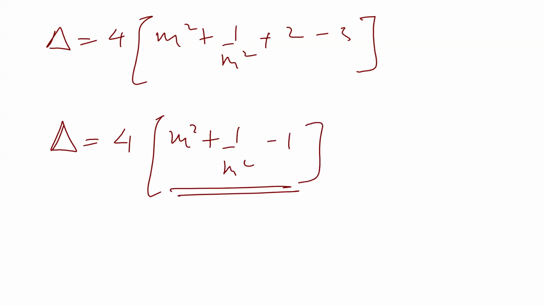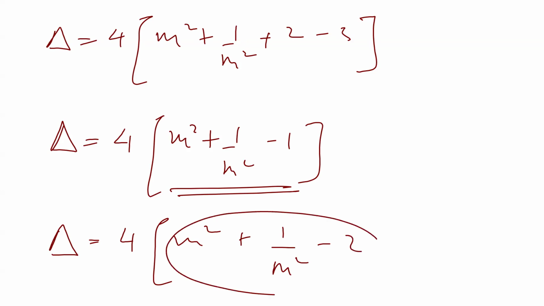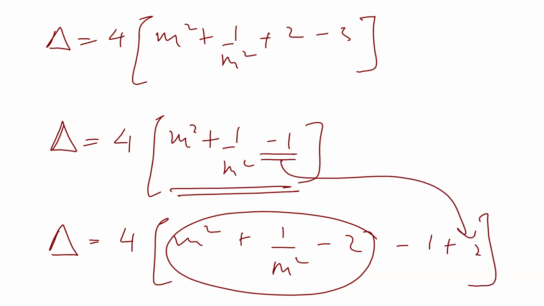Now this is not a perfect square. What I will do is, for m square plus 1 upon m square, I'll write minus 2, because this is m minus 1 upon m the whole square. So if I'm writing minus 2, here I'll have to add 2 also.